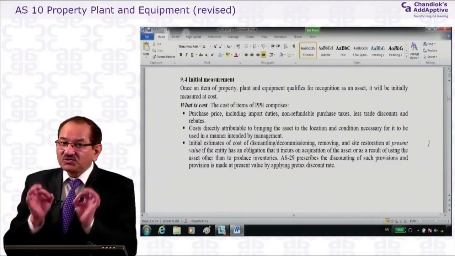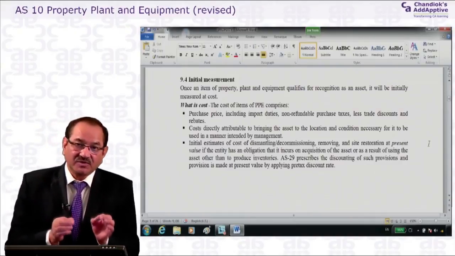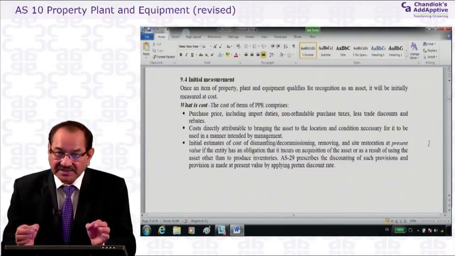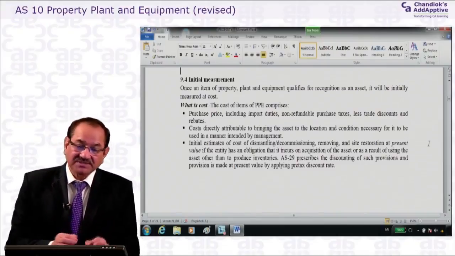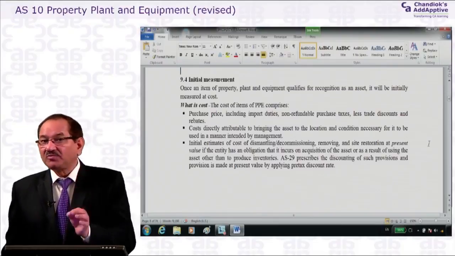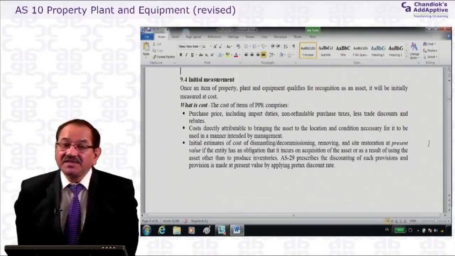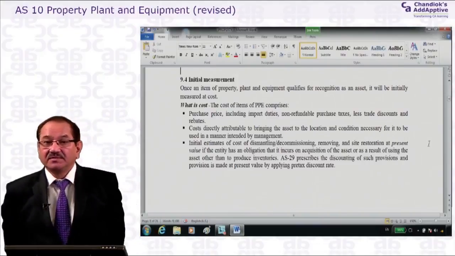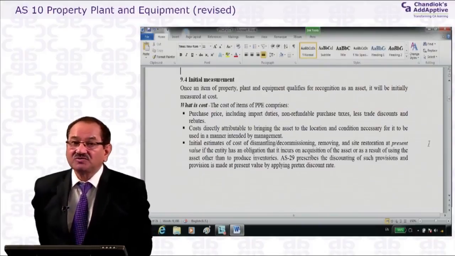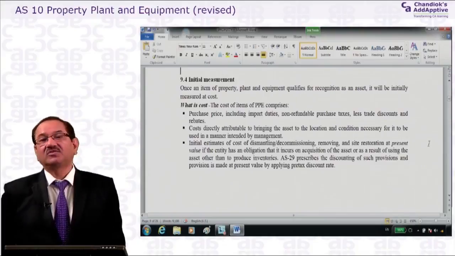You know, as soon as you started your factory building there, the construction of the factory building and installation of plant and machinery, at that time you know that after 30 years you have to spend 10 crores more on this factory building, plant and machinery. Your cost was 50 crores, and after 30 years you have to incur 10 more crores.